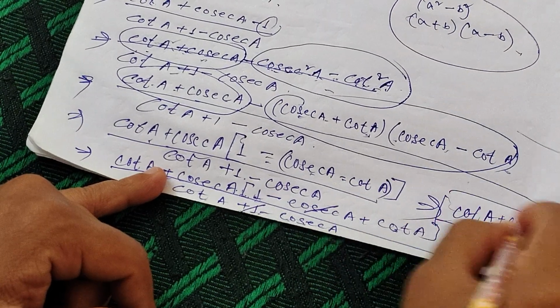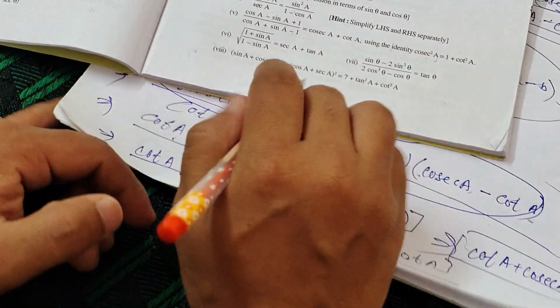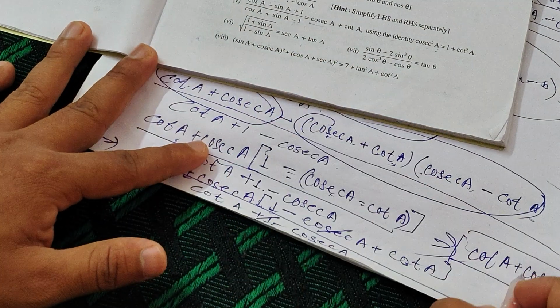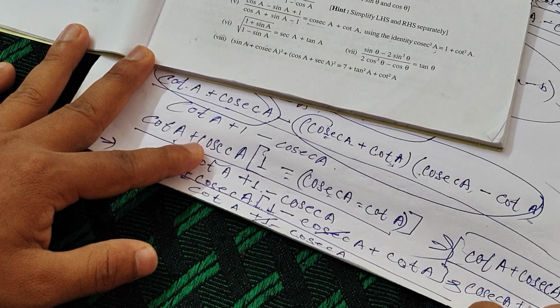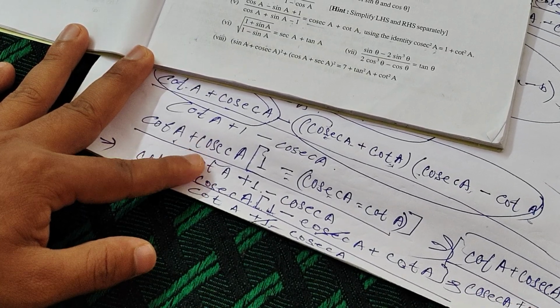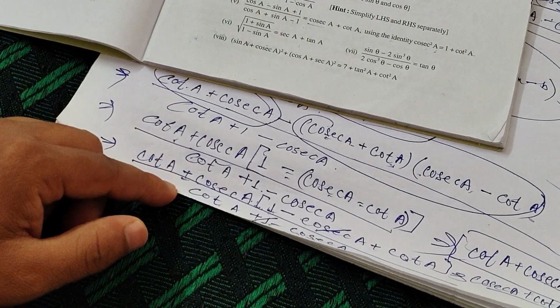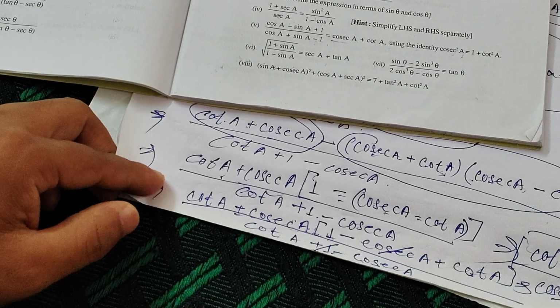This is only what we have to solve. You can see in your book, question number 5. We can arrange it like this: cosec A plus cot A plus 1. Here is cot A plus cosec A only.